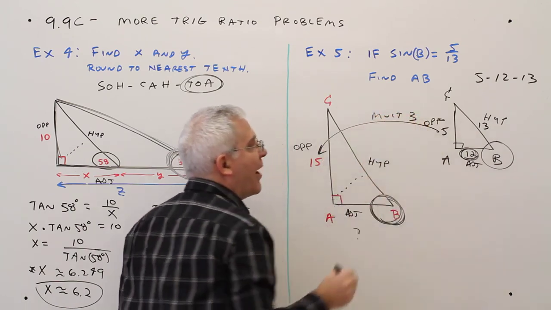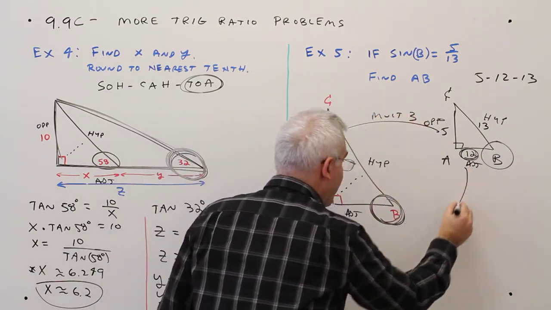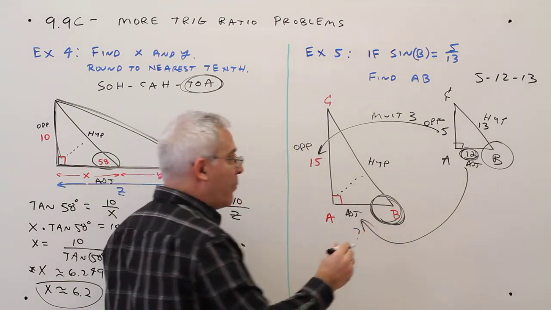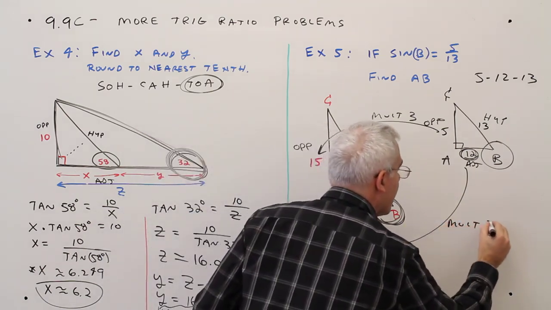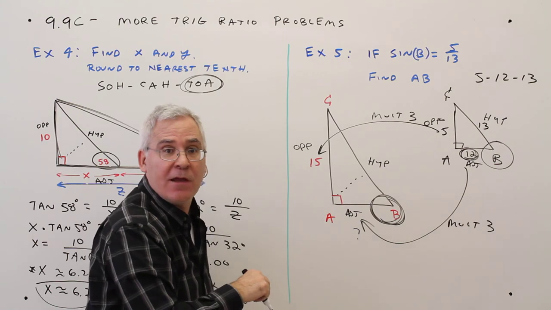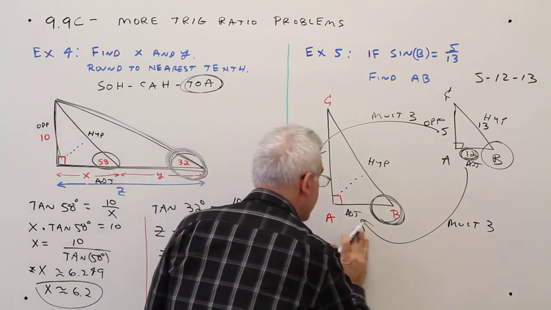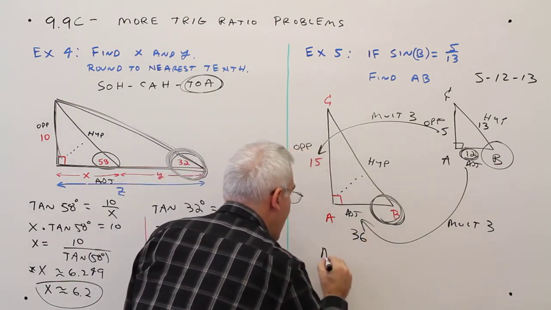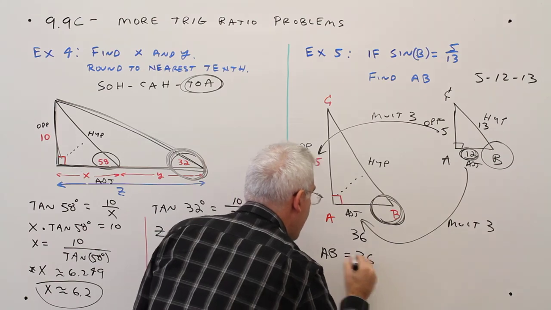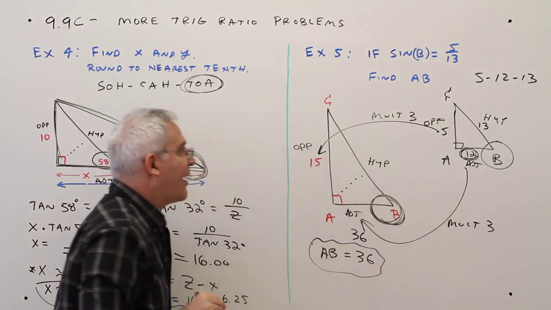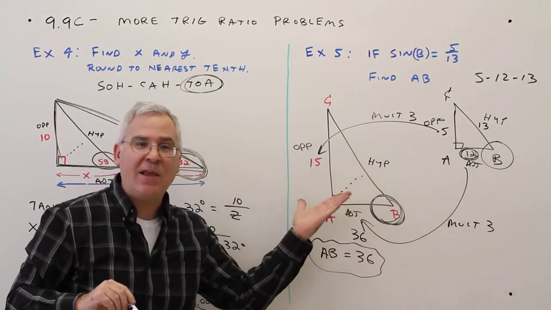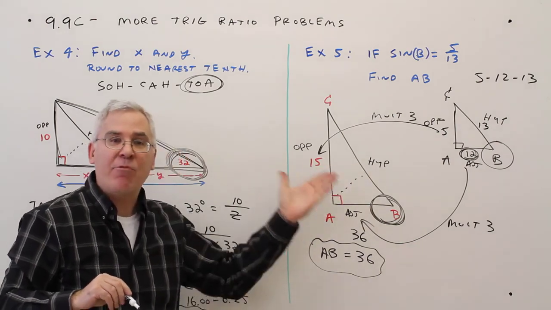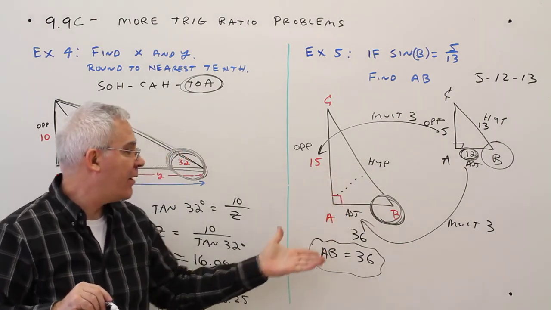I multiplied by 3. How will I get from this side to this side? I will multiply by 3. So 12 times 3 is 36. So AB equals 36. Again, totally based on similarity and ratios of corresponding sides being equivalent.